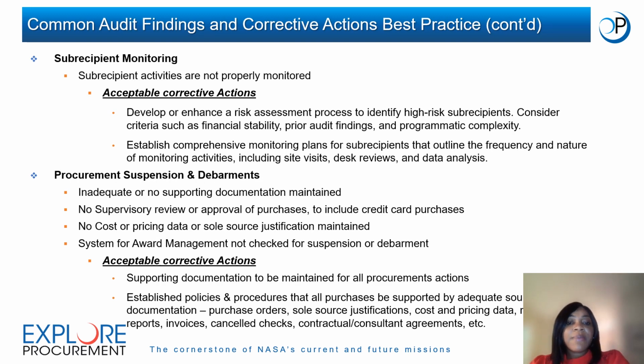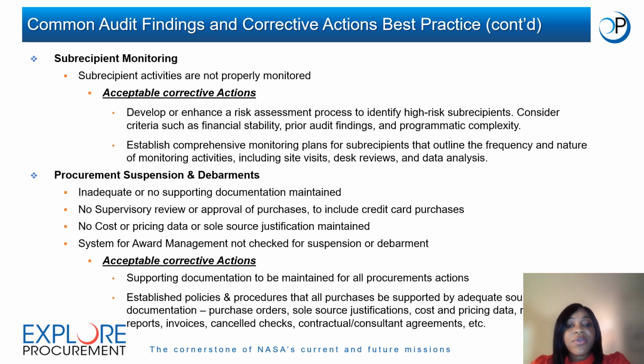The third common finding is the finding related to subrecipient monitoring, and this normally occurs when the subrecipient activities are not properly monitored. And the acceptable corrective action plan here will be for the recipient to develop or enhance their risk assessment process so that they may be able to identify high-risk subrecipients.